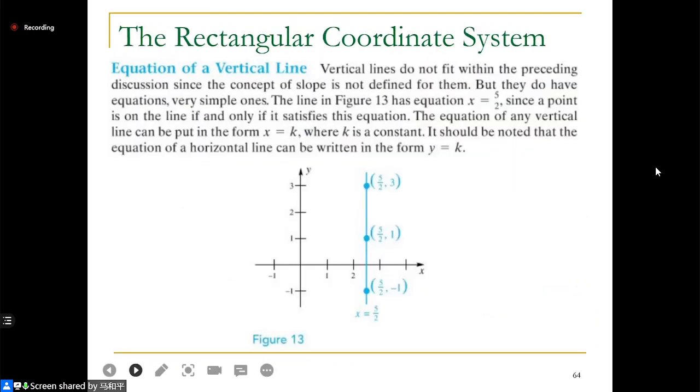And now we will learn the equation of a vertical line. Vertical lines do not fit within the preceding discussion since the concept of slope is not defined for them.